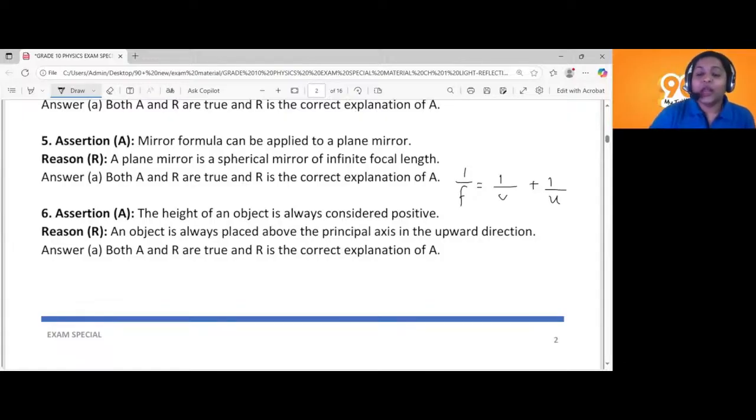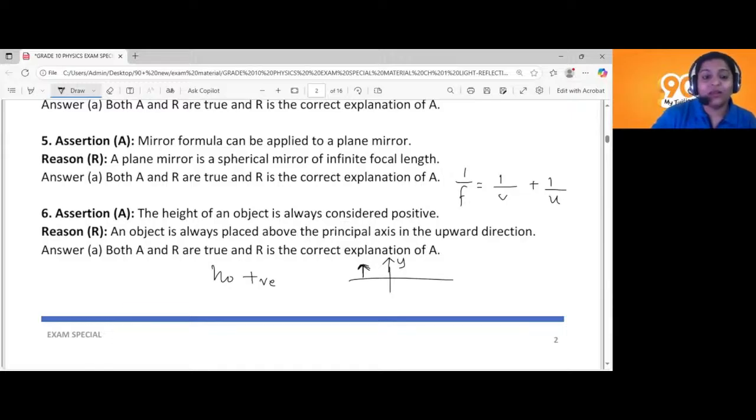Question number 6. The height of an object is always considered positive. As per the new Cartesian sign convention, the height of an object is always in the positive y-axis, and it is always upright. The height of an object, HO, is always positive because it is upright as well as in the positive y-axis.